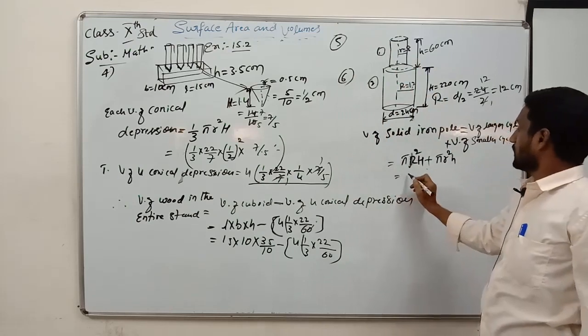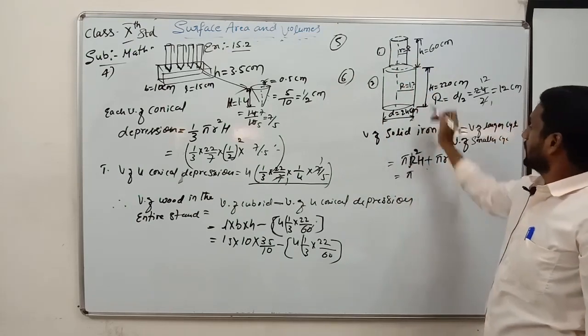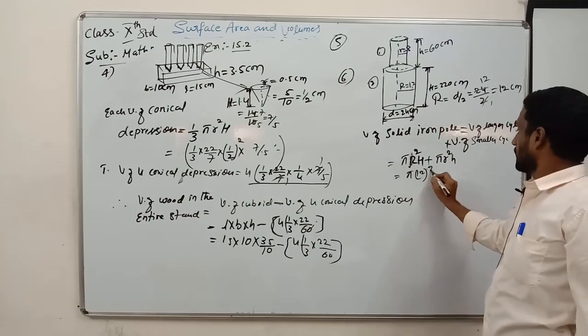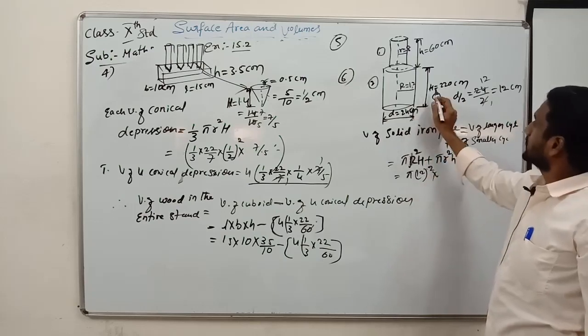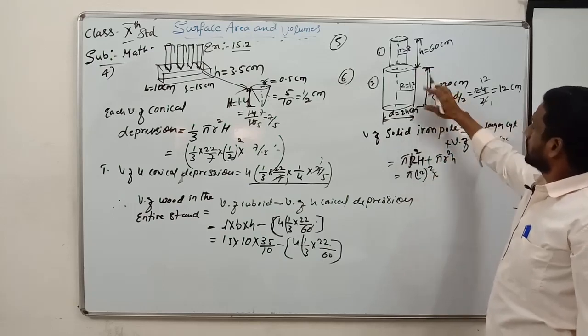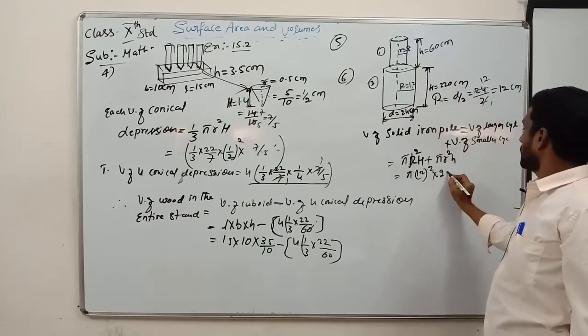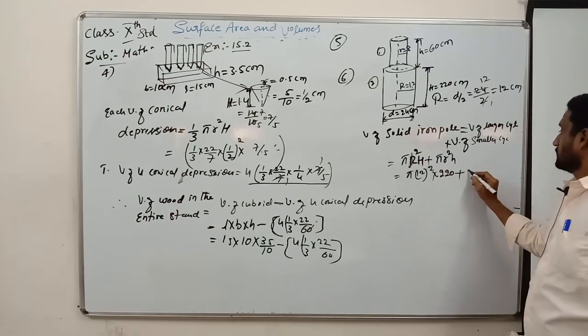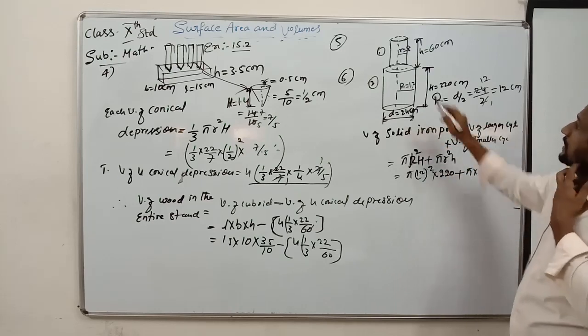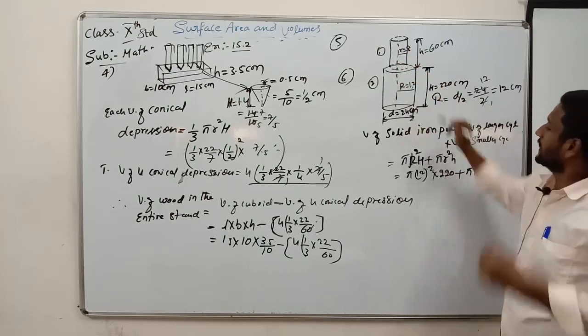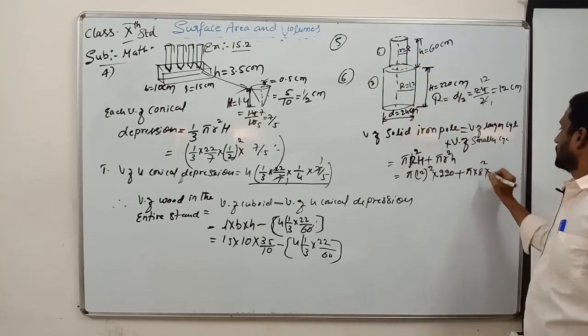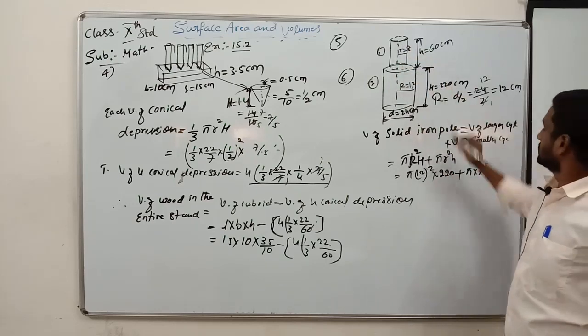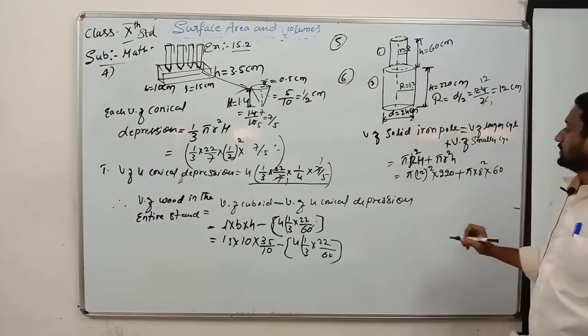Substitute in the formula: pi into capital R, 12 square, into the larger cylinder height, 220 centimeter, plus pi into the smaller cylinder radius, 8 square, into the smaller cylinder height, 60.